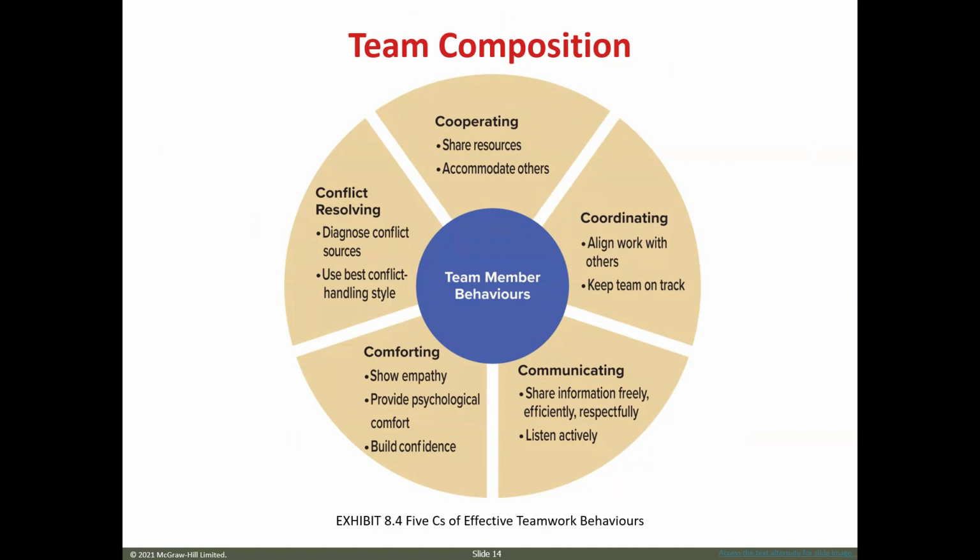It means how well these people are engaged in different tasks. They might have task-related behaviors. Are they motivated? Do they help each other? Do they support each other? So there are 5 main categories when we refer to team composition. It's also called the 5 C's.